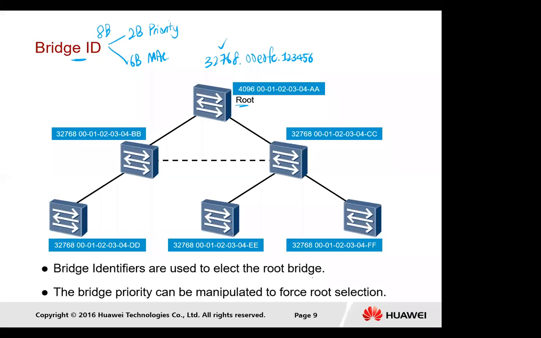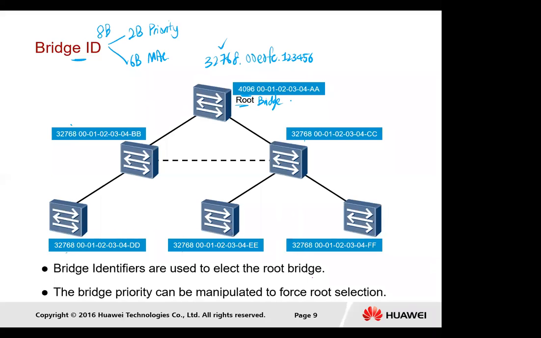Whoever has the smallest priority number will act as the root bridge. In this example, root is 4096, the smallest compared to the rest. The rest are all 32768, 32768. When comparing among these priorities, 4096 is the smallest.